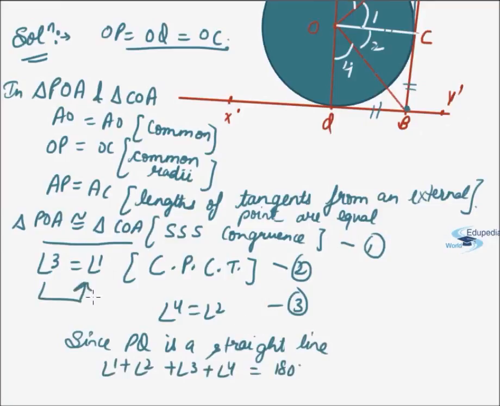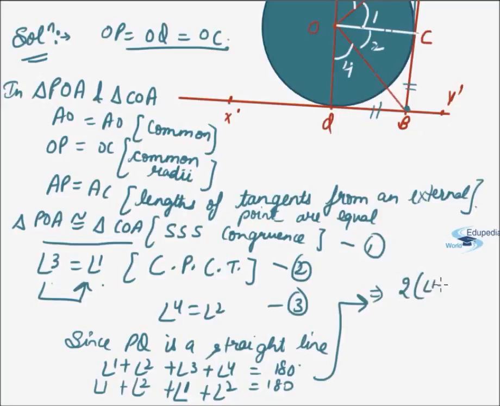But from here, equation 2, angle 3 is equal to angle 1. So we can say that angle 3 can be replaced by angle 1, and similarly angle 4 by angle 2. This will imply that twice of angle 1 plus angle 2 is equal to 180 degree, or angle 1 plus angle 2 is 90 degrees.